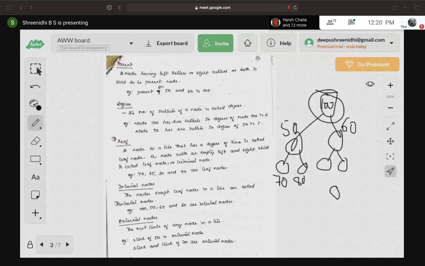Fast reply. Analyze. I'll give you 2, 3 minutes of time. Read out the statement that I have given there. I want the external links of the given tree here.